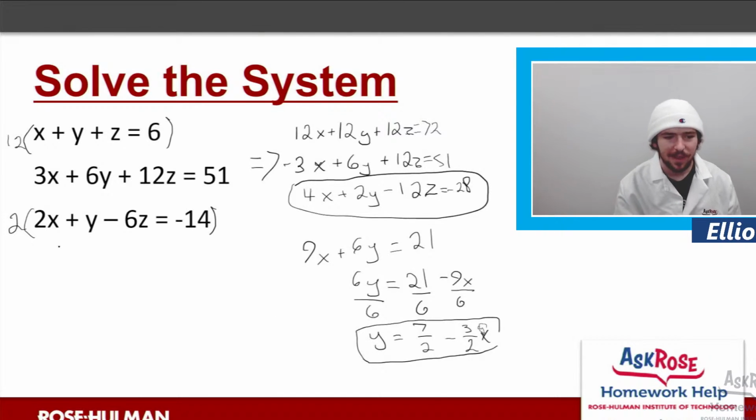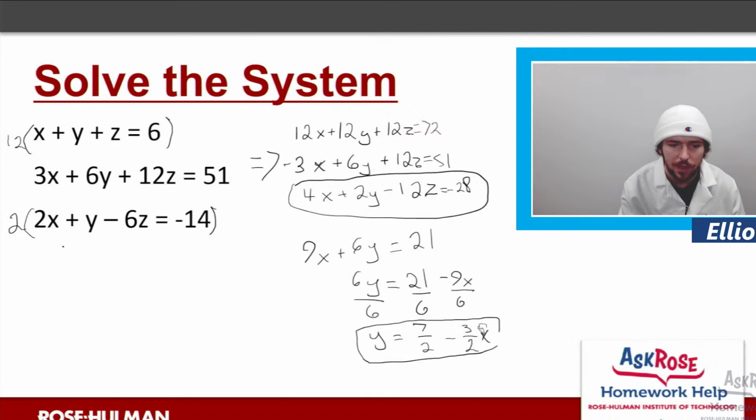Okay, so now that we have that, we can plug that into a different equation, or we can solve for our z also through a different equation, so that we could plug it all back into this and find our x.